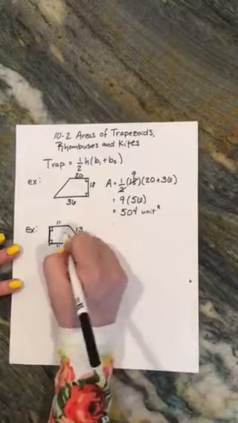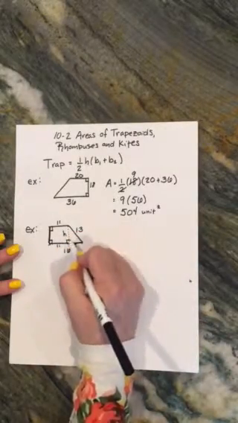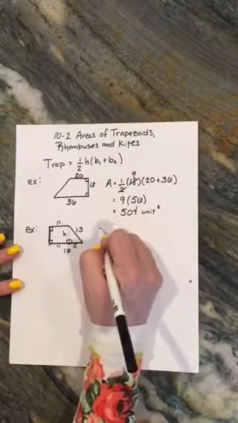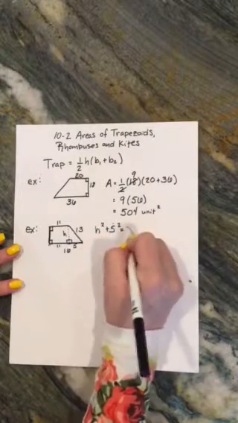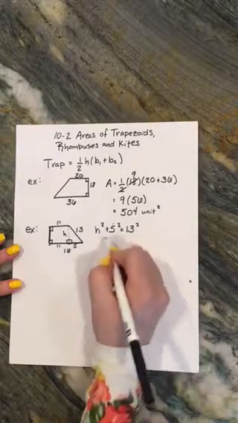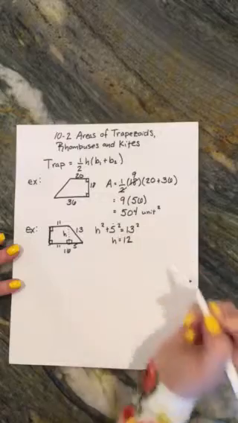All right, so now we can find the height. Because we know 2 of the sides, we can find the third. It's a right triangle, therefore we can use Pythagorean theorem. So h squared plus 5 squared equals 13 squared. And if we solve, h equals 12.